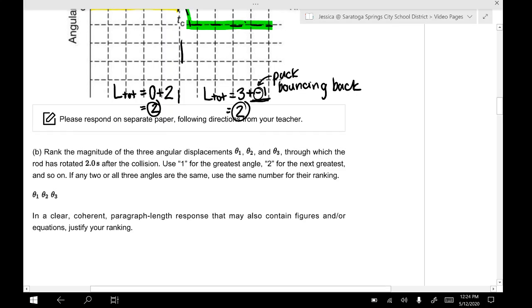Okay. So I'm going to kind of work without ranking first. My largest angle is going to come from my largest angular velocity of the rod. The largest angular velocity of the rod is going to come from the largest change in angular momentum of the rod.